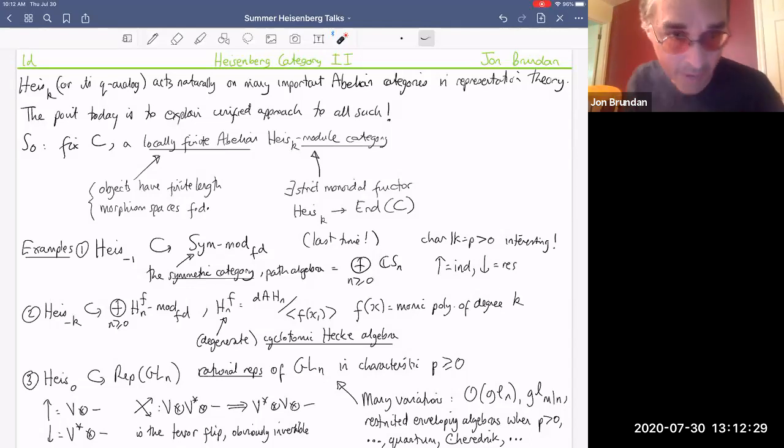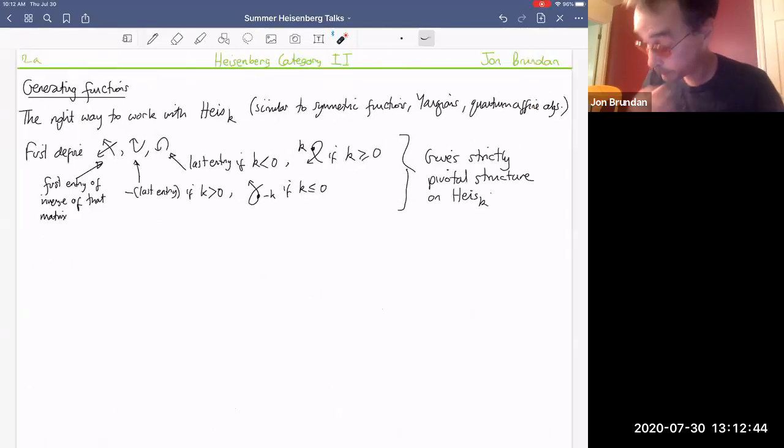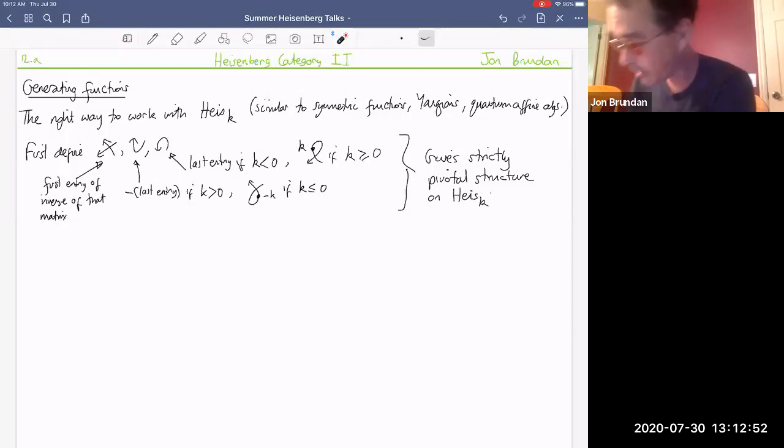Anyway, so we've now fixed our locally finite abelian module category C, and I want to try and show you this sort of general machinery for studying all of these abelian categories in a uniform way from this Heisenberg point of view. So the right way to work with this Heisenberg category is to work with generating functions. So I'm going to try and teach you a little bit of how to do that.